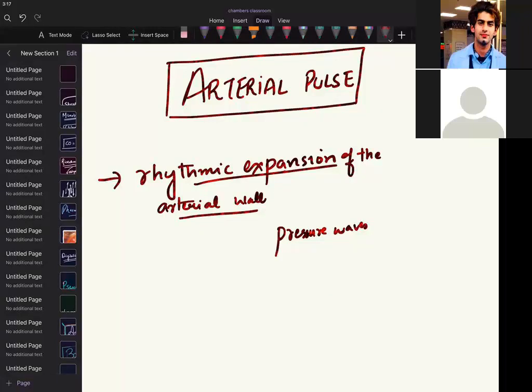If you extend your wrist, can you see the pulse? Can you see every time a tip is coming? This is a rhythmic manner. This is basically what is happening.